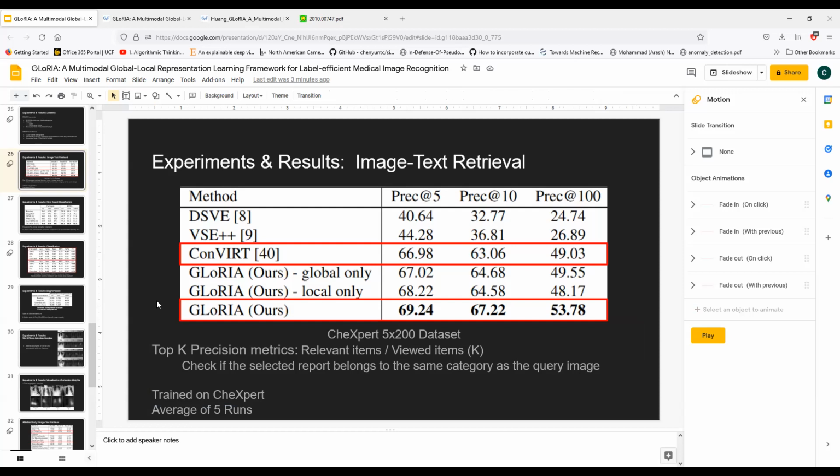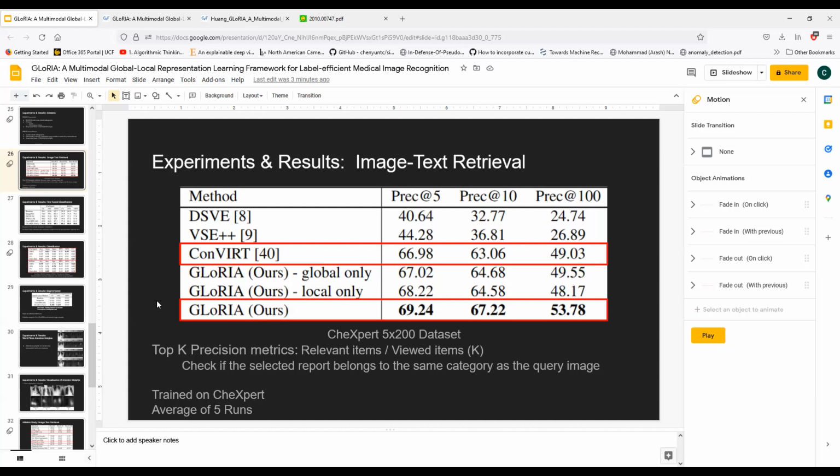You can rank these retrieved items or images based on the similarity, so the top one will have the highest similarity. If you only care about one retrieval, then you should select the top one. Here, the top K means you can select K of them. K can be 5, 10, or 100 from the reference database. If any of the ground truths is in that K, this is considered a success.